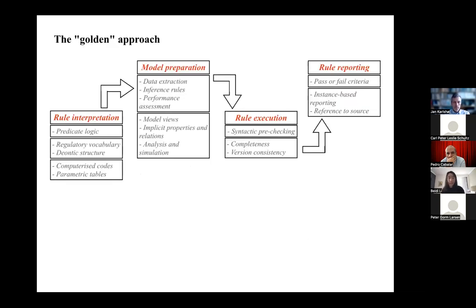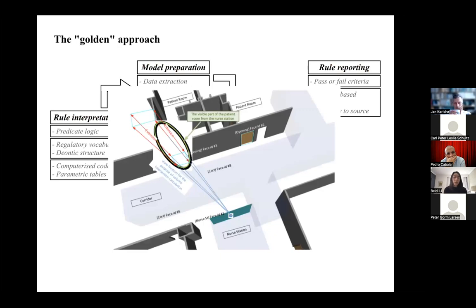If we take the golden approach that was proposed by Eastman in 2009, we have four stages for code checking. If we take a requirement that says all patient rooms shall be visible from the nurse station, then we might want to check a nurse station and a patient room that are located on the same floor, that share the same corridor, and we compute some line of sight.